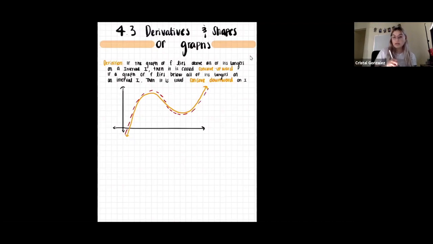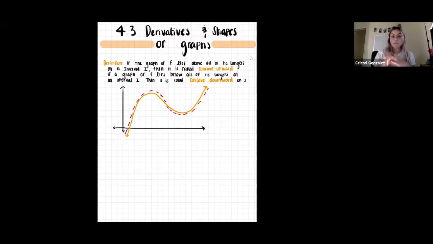So if we look back at the definition, it says that if the graph of a function f lies above all of its tangents, then it is called concave upward. And if a graph f lies below all of its tangents on the interval I, then it is called concave downward.